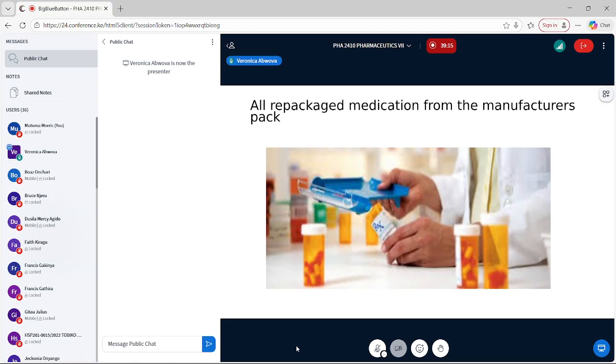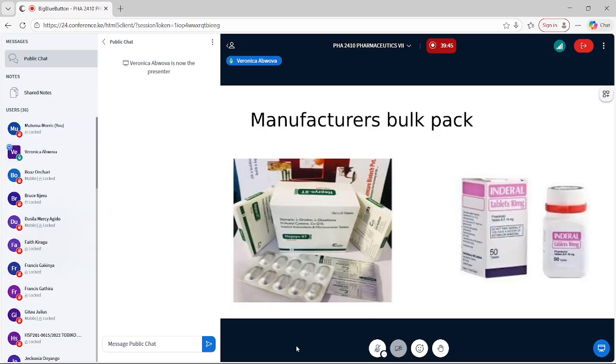Repackaged medication: usually, you will find sometimes medicine will come in a big tin, maybe it contains 1,000 tablets and your patient only needs 20. So you will count 20 and repackage them into a smaller container. What we are saying is that that smaller container must have a label containing all those things that we have talked about.